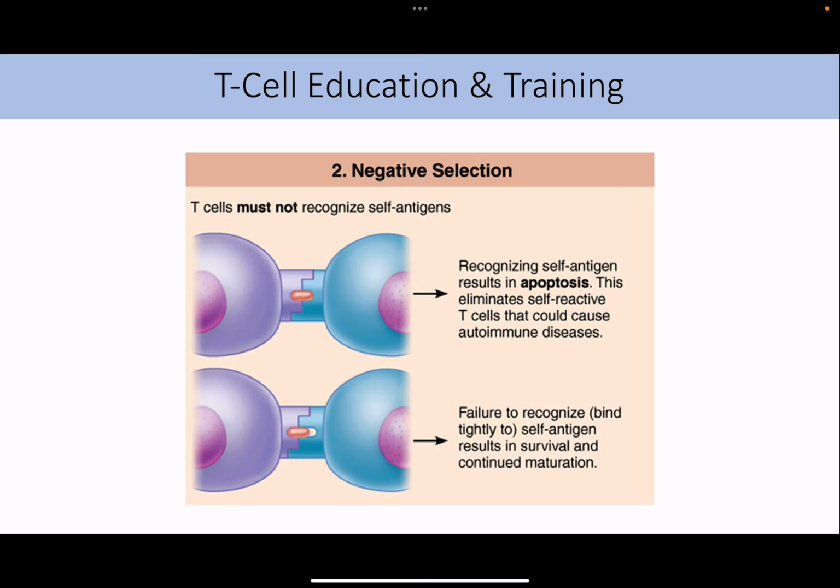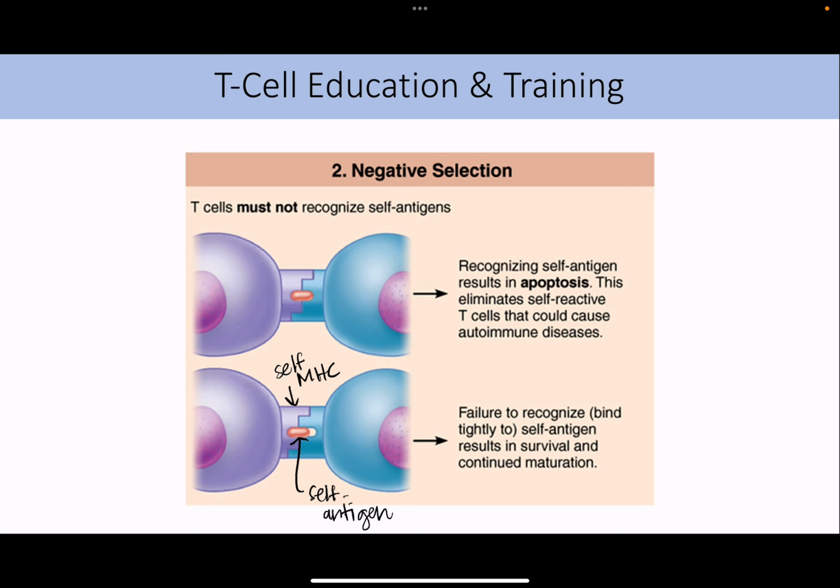The purpose of this test is this: this is the self MHC. This is a different self antigen. When a T cell mounts a response, it fully binds to whatever the MHC is and that self antigen.